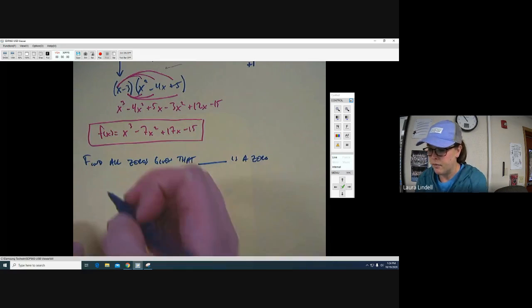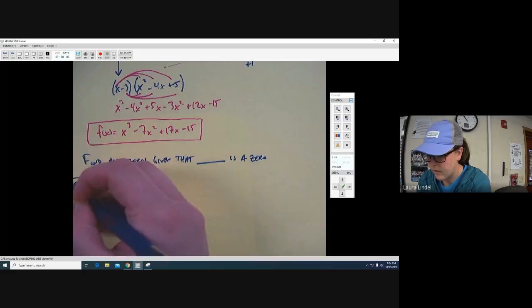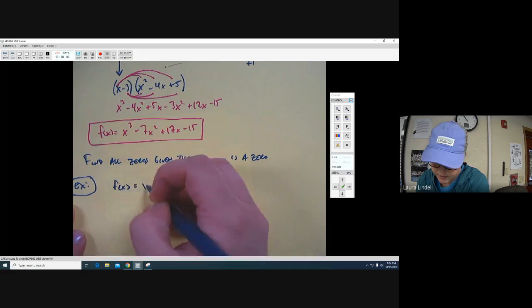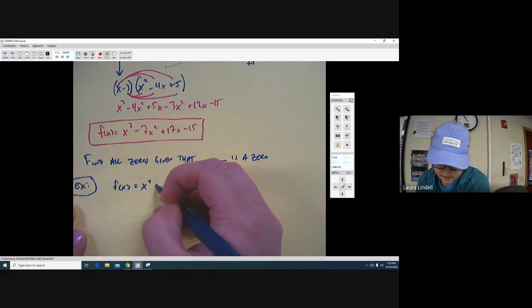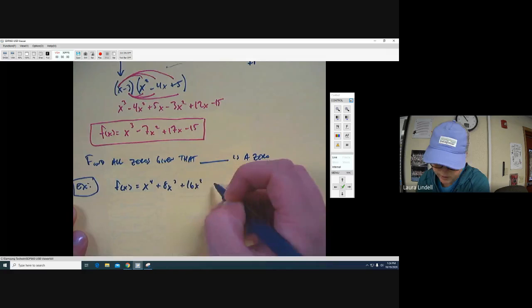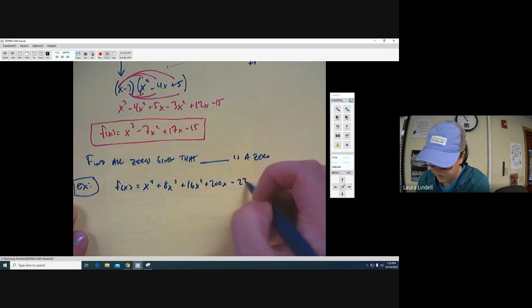So for our example, we're going to say that f of x equals x to the 4th plus 8x to the 3rd plus 16x squared plus 200x minus 225.